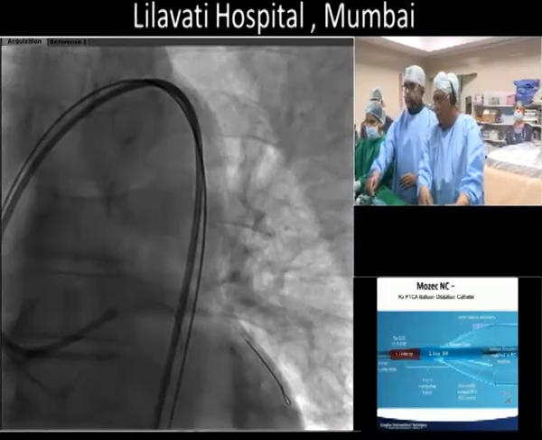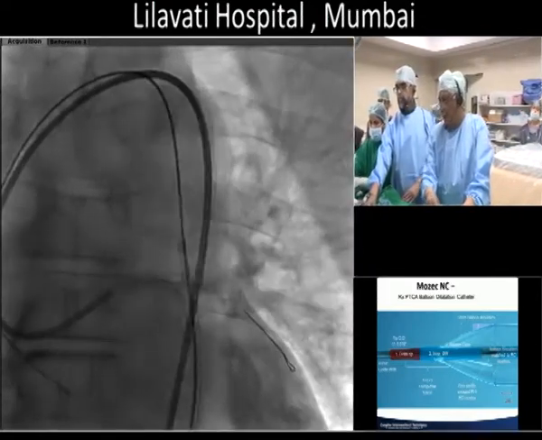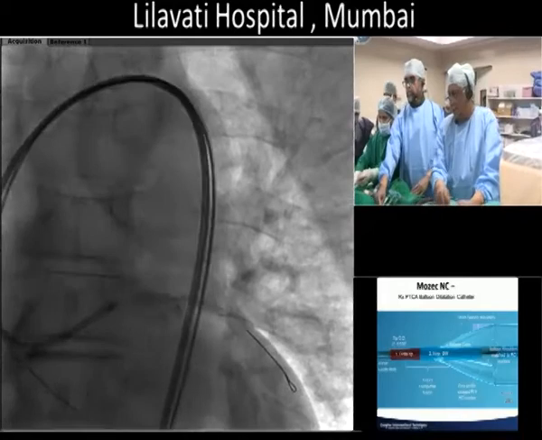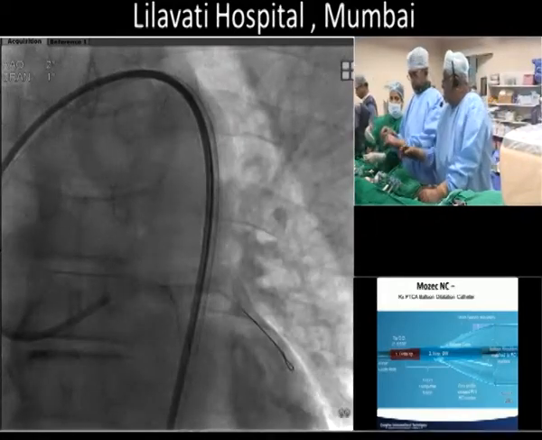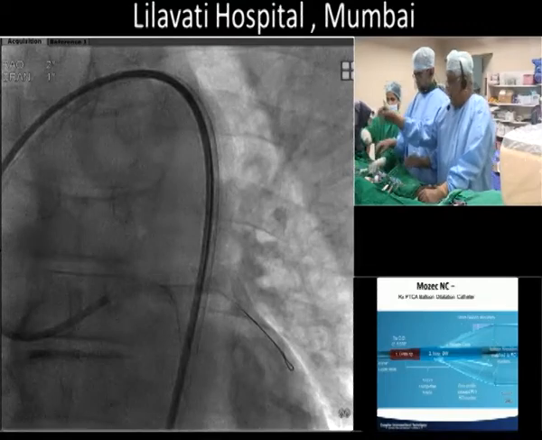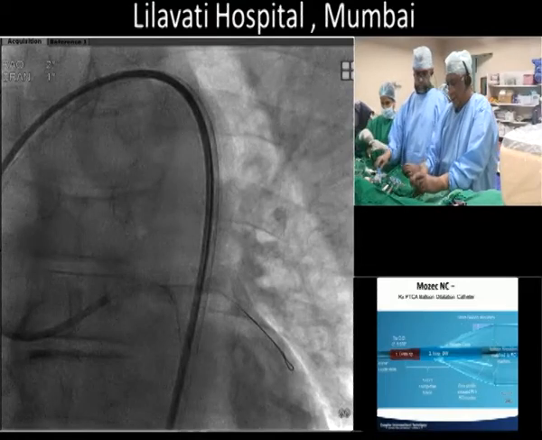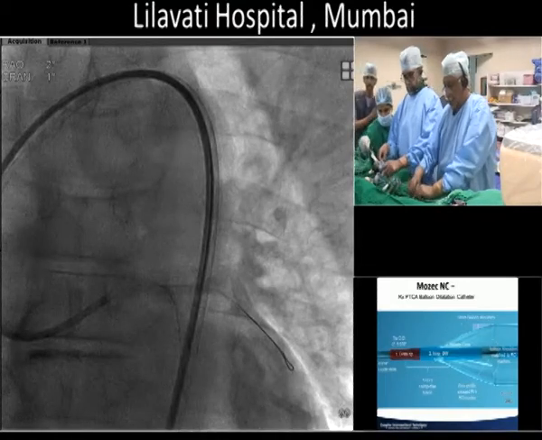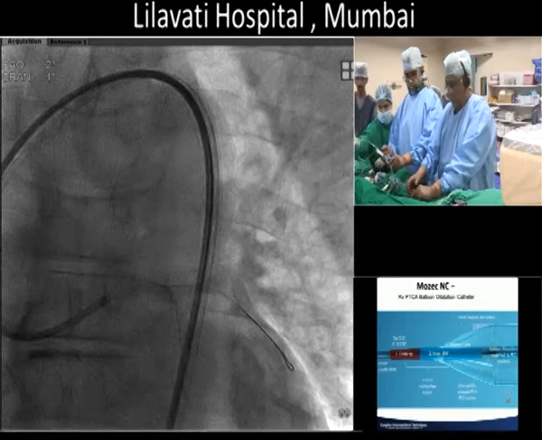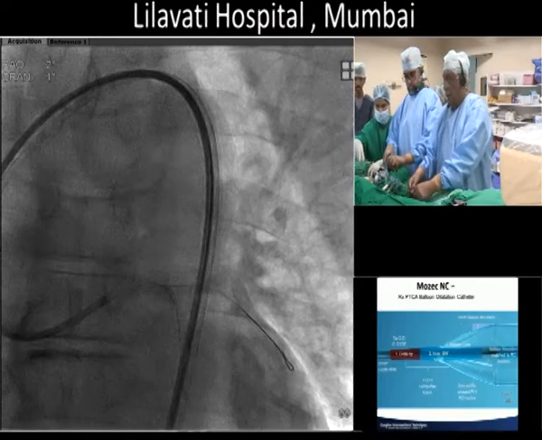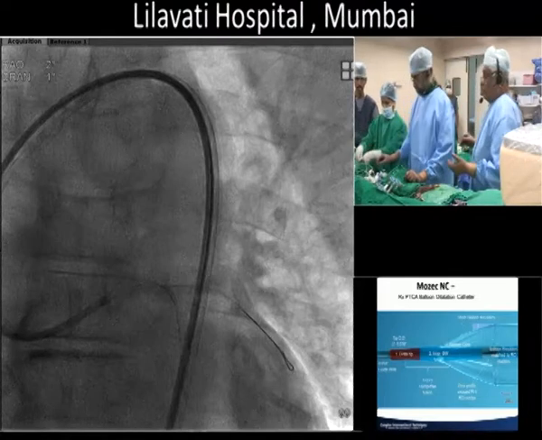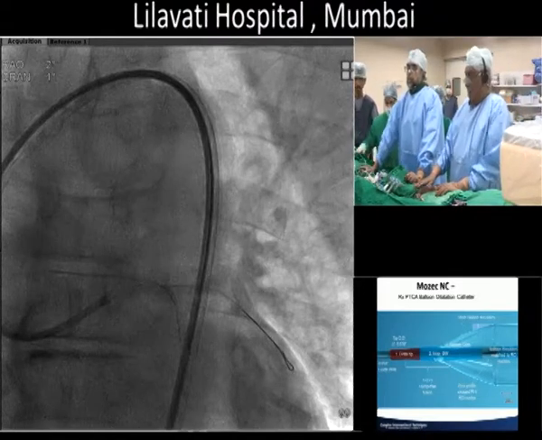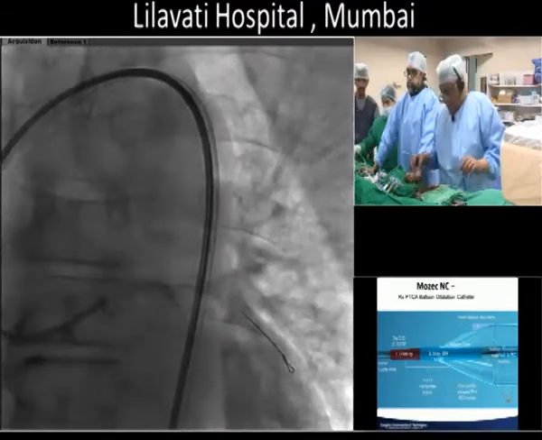So what I'm doing is I already have an access open on the left. So if by any chance I need a stent for the ramus also, having 3 stents, 3 balloons in one guiding catheter is a little cumbersome.